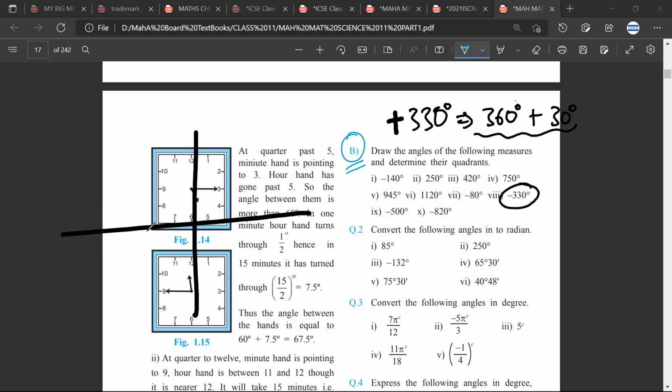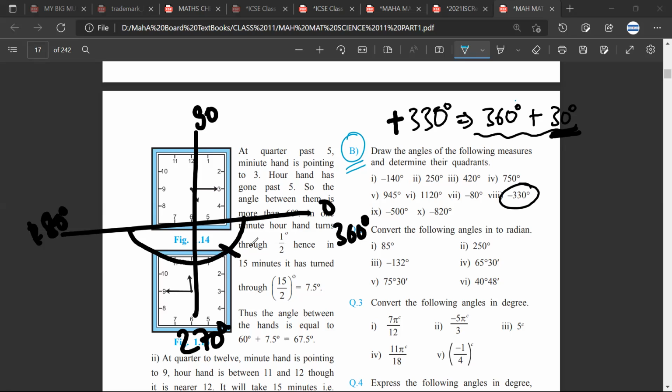using my protractor. I understand that this is 0, this is 90, this is 180, this is 270, and then 330 would be somewhere here. So, this is 360. I have to be 30 less than 360. So, using my protractor, I put my protractor here.